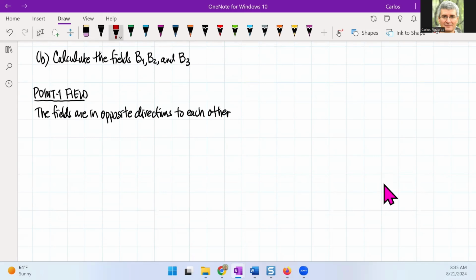So these are not scaled. So I'm going to say that this is the field of A. This is going to be the field of B. And then I know here that they tell us about the distances.